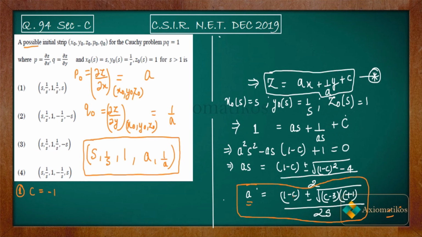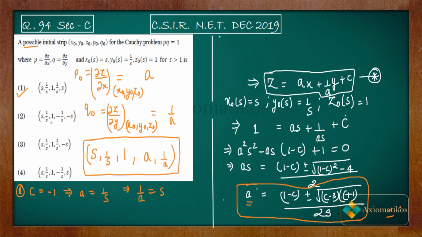So if you put c equal to minus 1, you will get 2 from here, and you will get 0 from this square root term. So you get 2 by 2s, which means a is 1 by s. If a is 1 by s, then 1 by a will be s. So this will be replaced by 1 by s and this will be replaced by s. Therefore initial strip 1 is a possible initial strip.